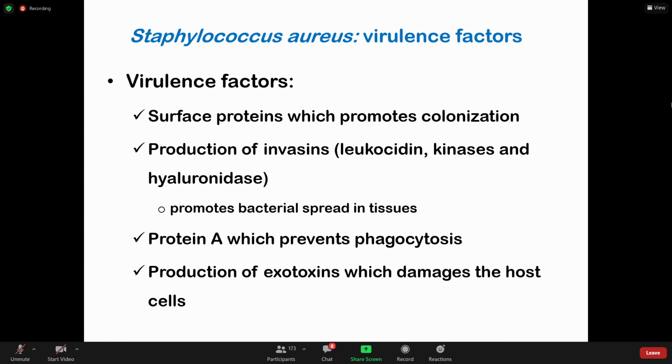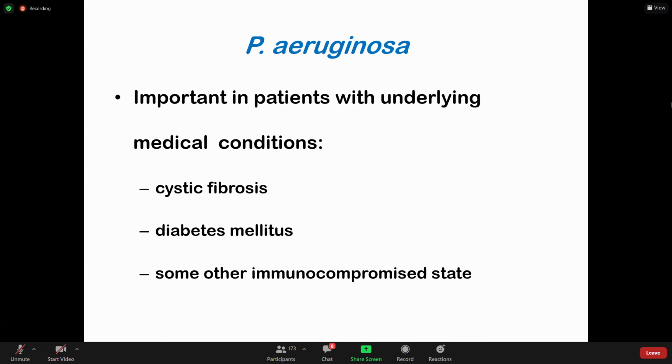Protein A is also important because it prevents phagocytosis by binding to the Fc portion of immunoglobulin G. Production of exotoxins can also occur in some strains of Staph aureus, and this can damage the host cell. With the damage to the host cells, there is some form of inflammatory response, and you have occlusion of the drainage passages.